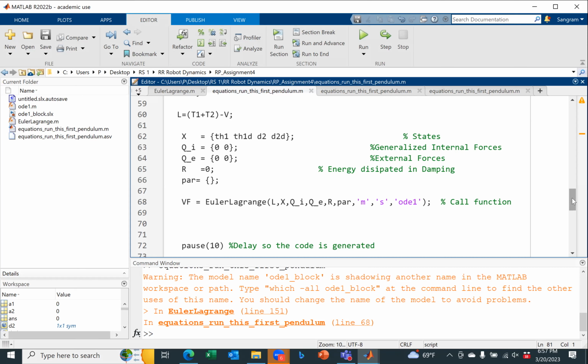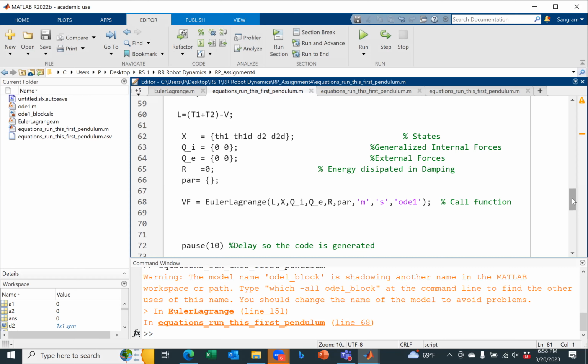The potential energy is going up, which is this distance, which is D2 plus L1 sine theta 1. mgh.